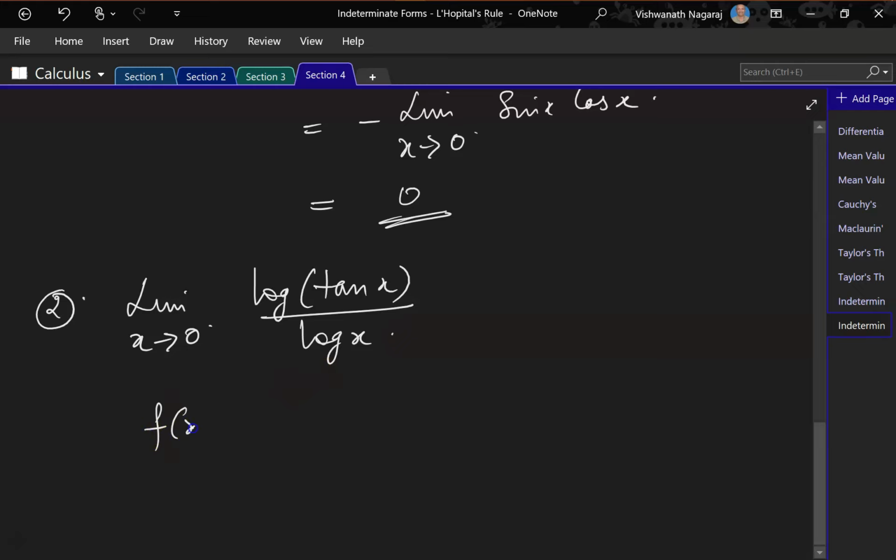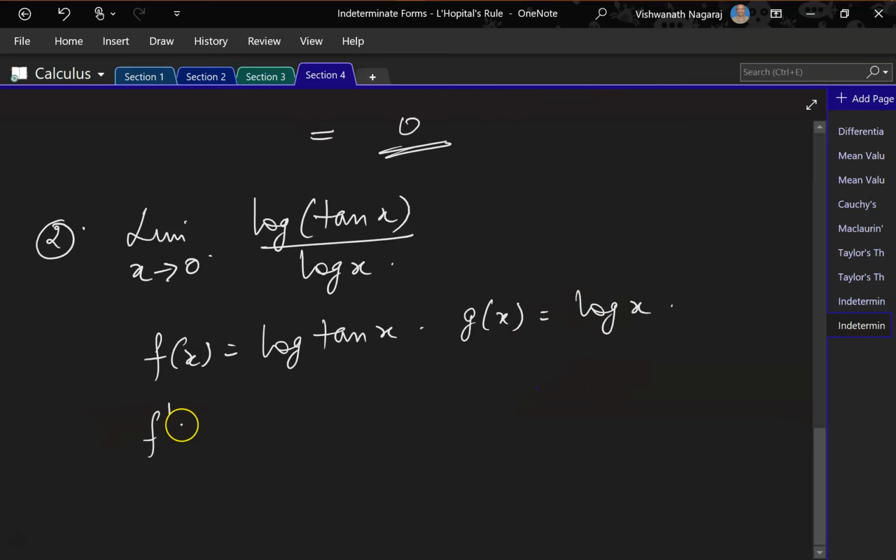So let's say f of x is equal to log of tan of x and g of x is equal to log x. So again L'Hopital's rule, f prime of x would be 1 by tan x times sec square x. G prime of x would be 1 by x.